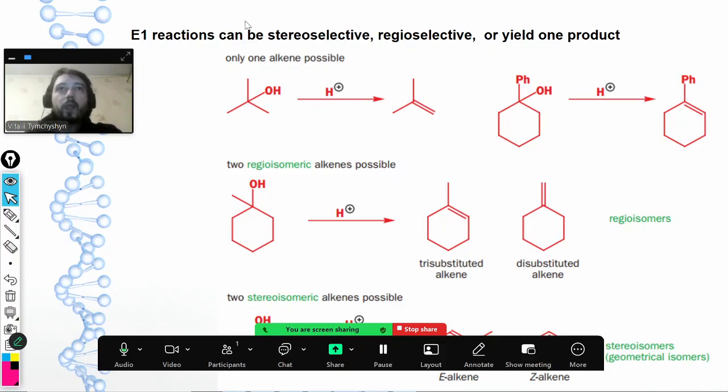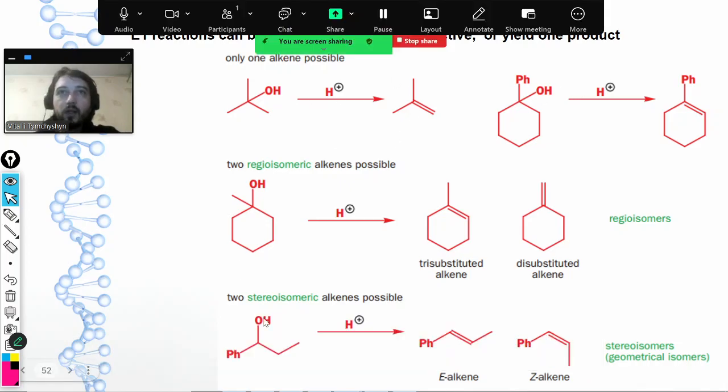Good. Just a reminder that E1 reactions can be stereoselective, regioselective, or yield one product. So in this case, only one alkene is possible. These are two regioisomeric alkenes. So here we have two regioisomers, a tri-substituted alkene or a di-substituted alkene.